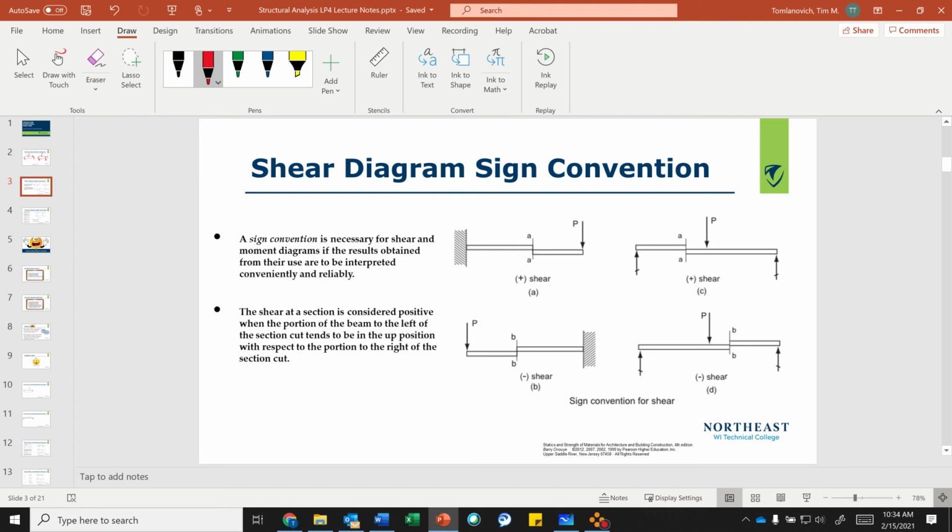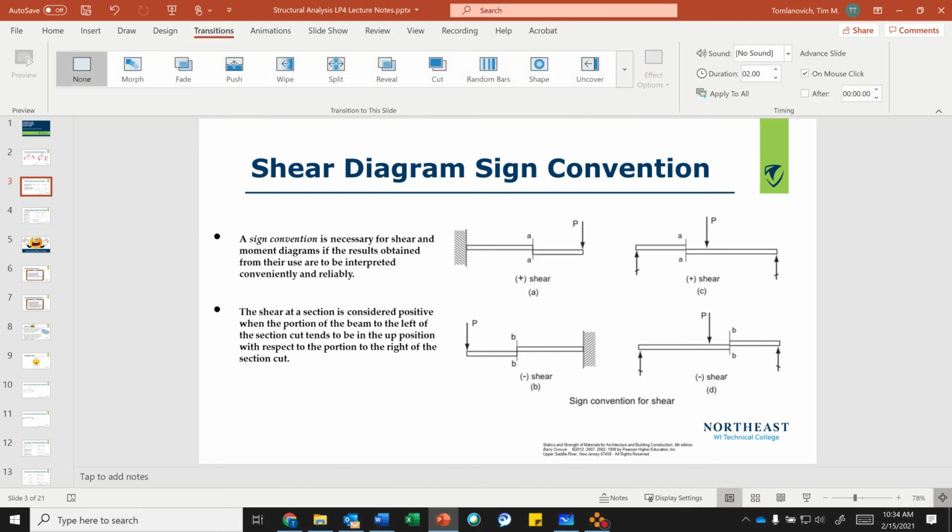So if I look here, I have a positive shear when the left is staying put and the right is going down. We have a negative shear when the left goes up, or I'm sorry, let me back up there.